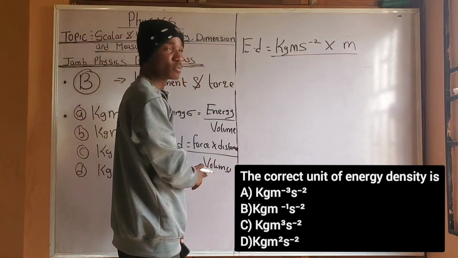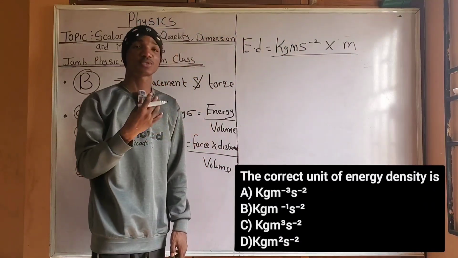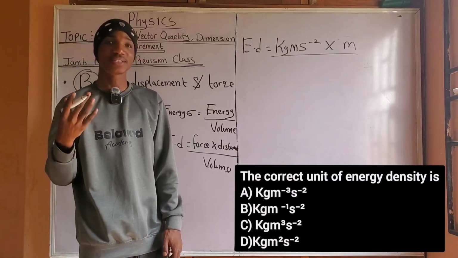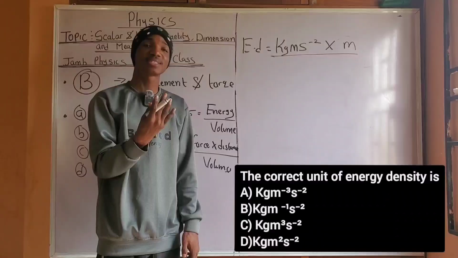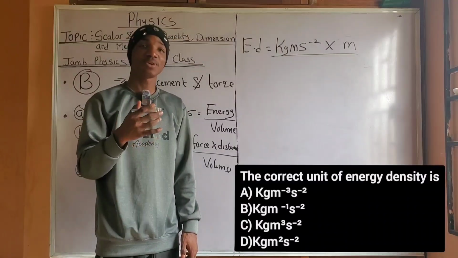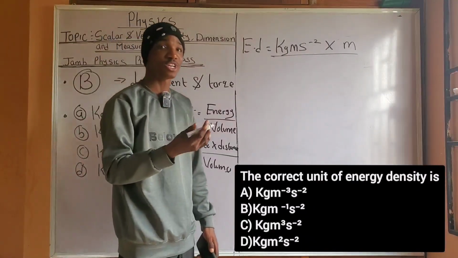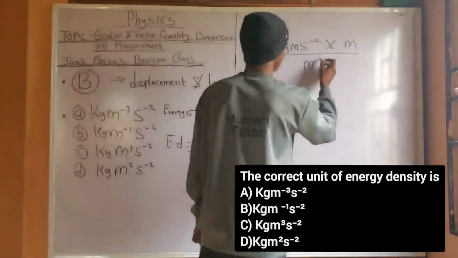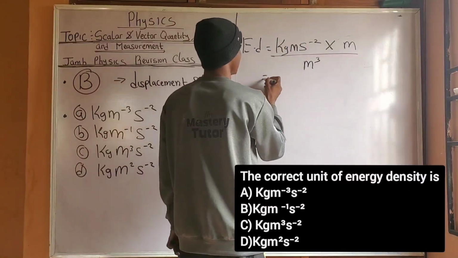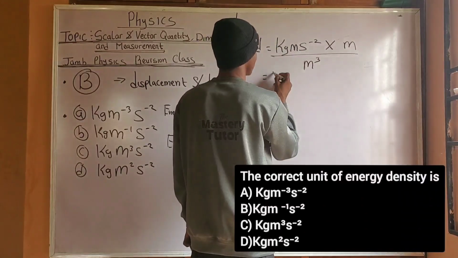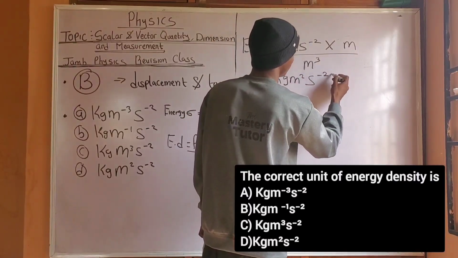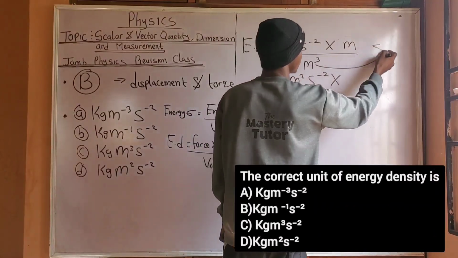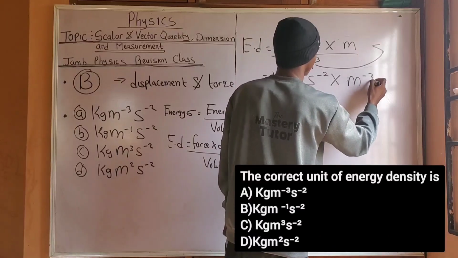Now we have the volume. Volume is the product of length, breadth, and height, right? All these three are measured in meters, so I'm going to have meter cubed. m times m is m squared, s raised to the power of -2, multiplied by m raised to the power of -3.